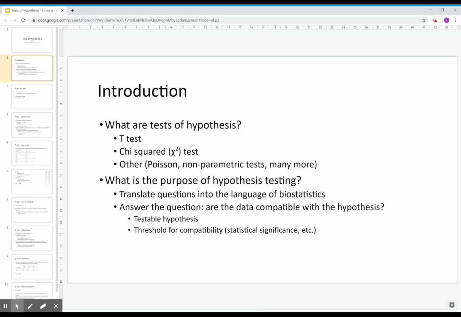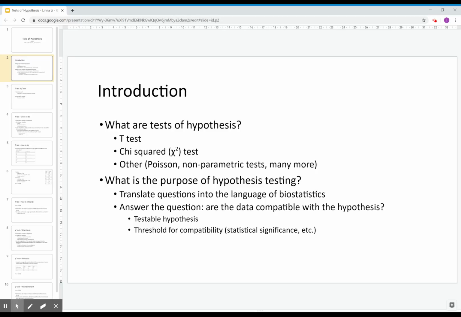The purpose of tests of hypothesis in biostatistics is to translate the questions that you have from words into the language of biostatistics, formulas, variables, and calculations. They answer the question, are the data at hand compatible with the hypothesis?